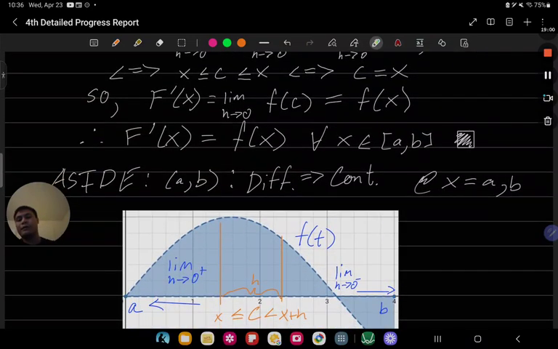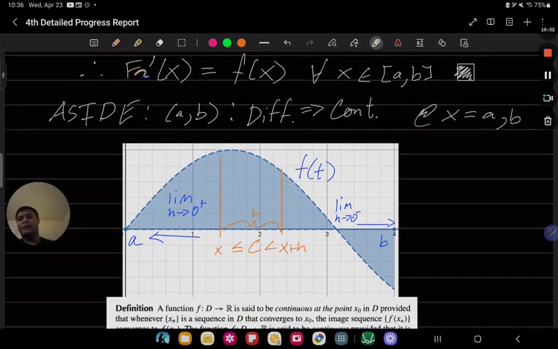Now, here's another cool aside. Since capital F is differentiable, it's also continuous on the interval, including the right side of A and the left side of B. So if we send a sequence as h approaches 0 from the right for A, we would get f of A on the right side.